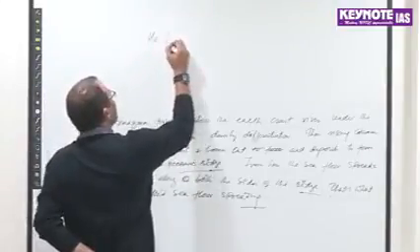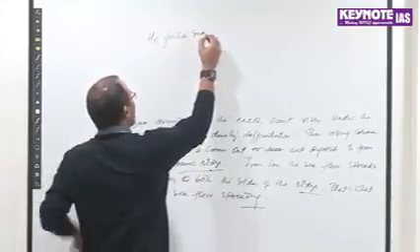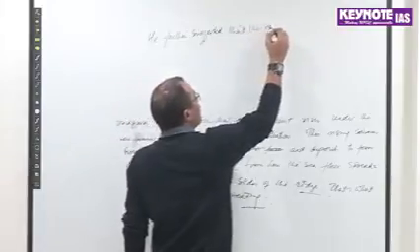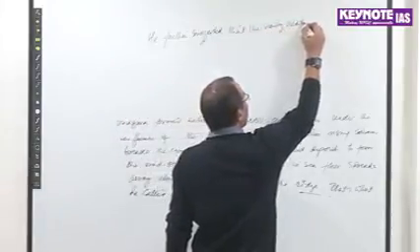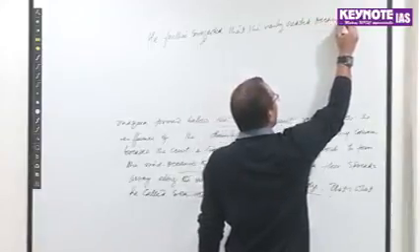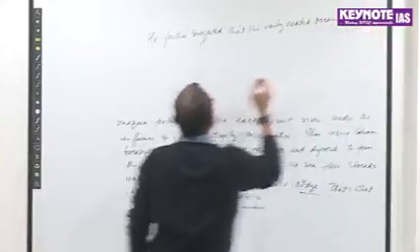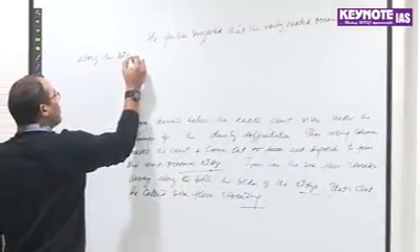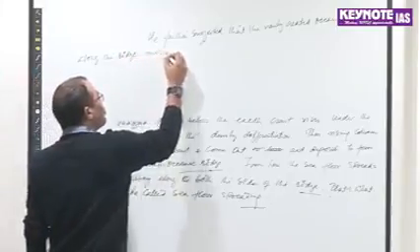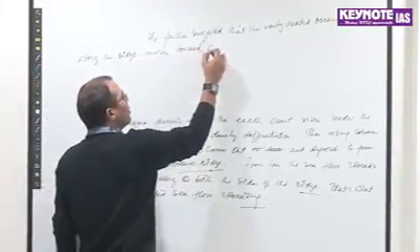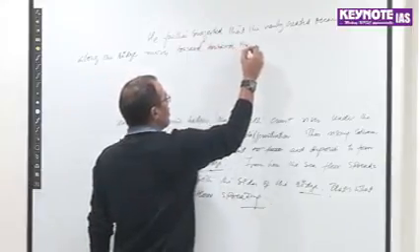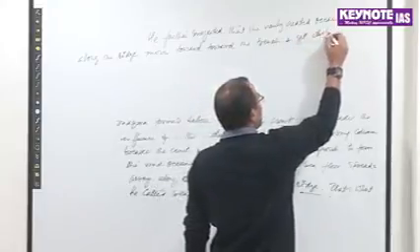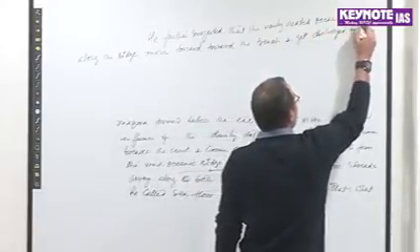He further suggested that the newly created oceanic crust along the ridge moves towards the trench and gets destroyed into it.